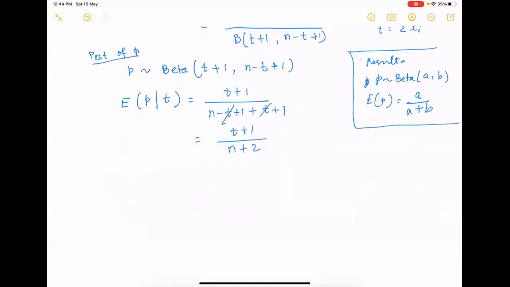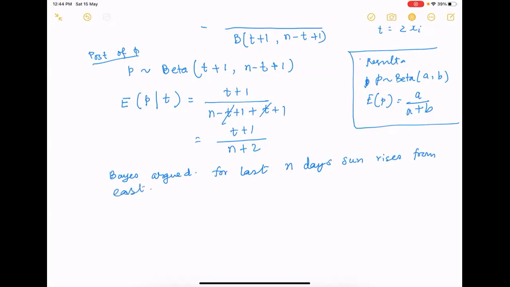Now, what Bayes argued is that for the last n days, in many days, the sun rises from the east.